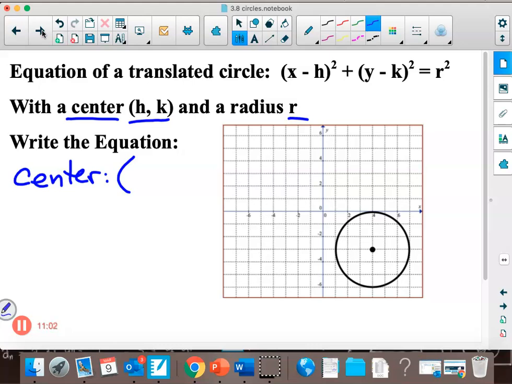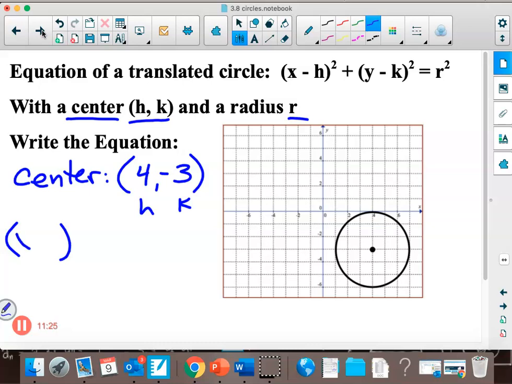Hey, Avi, can you tell me the center of this circle? Very good. 4, -3. Does everyone agree? Okay. Quiet, please. Now remember, this is your H and your K, right? 4, -3. So this means I'm shifting 4 to the right.